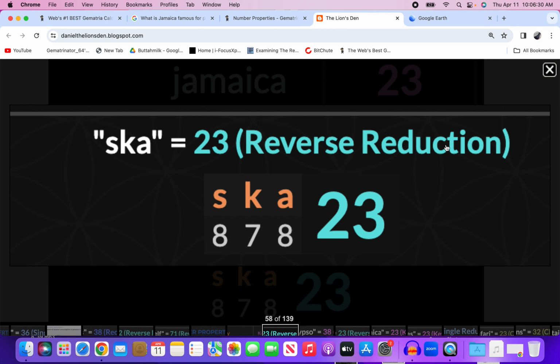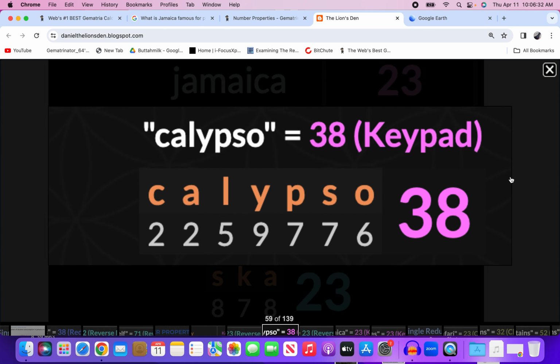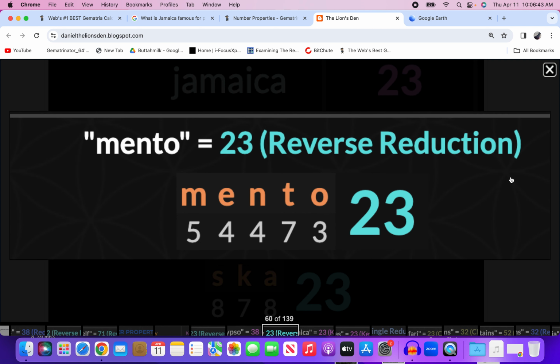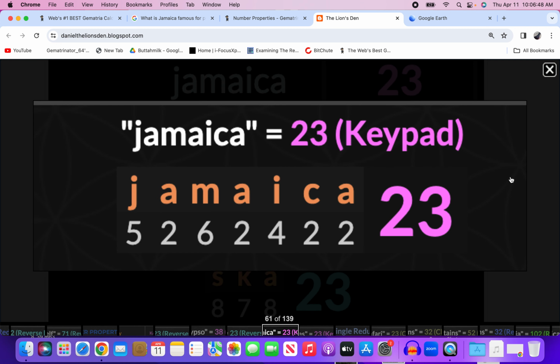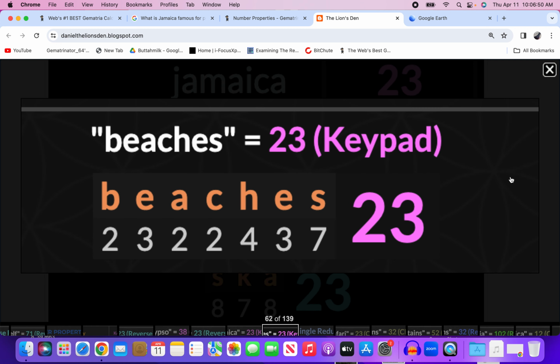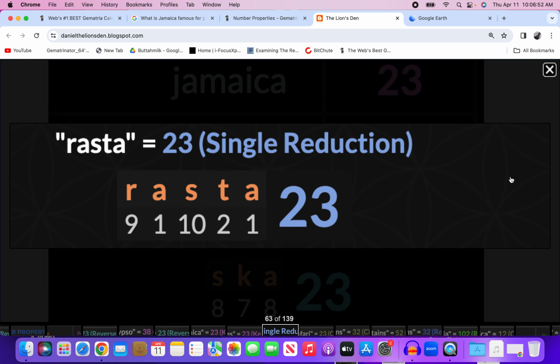Also ska, 23. Calypso, 38. That music that really predates reggae. And then mento, which predates that, equals 23, just like Jamaica. Beaches, known for its beaches, 23.